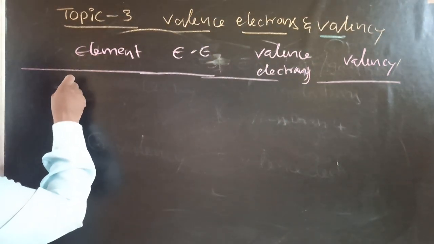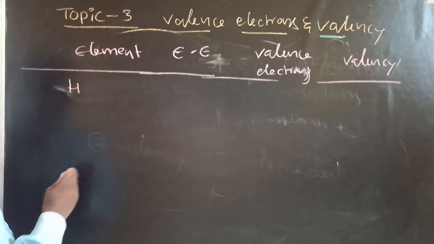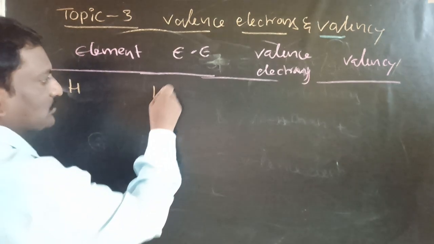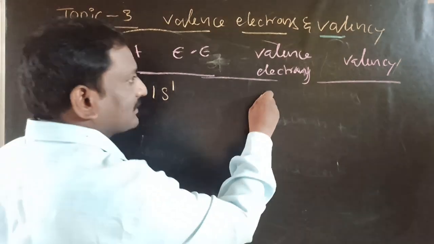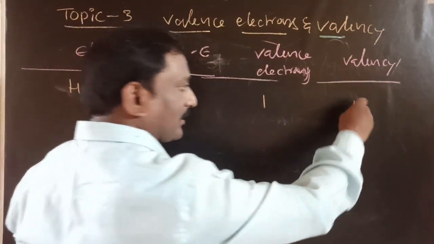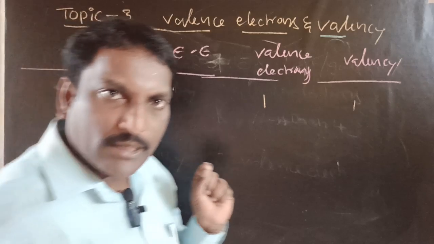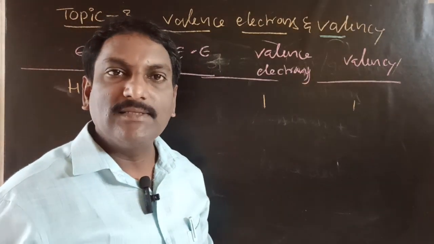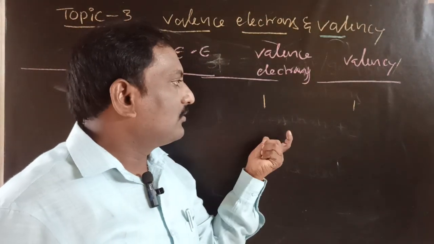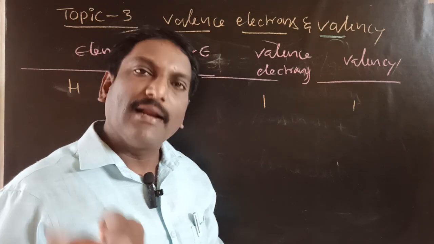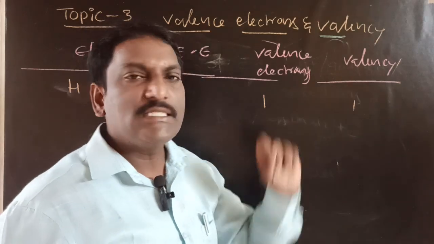Right. Element hydrogen. Electronic configuration 1s1. Valency electrons 1. Valency also 1. Because according to formula number 1, if the element has valency electrons 4 or less than 4, it must be equal to its valency.